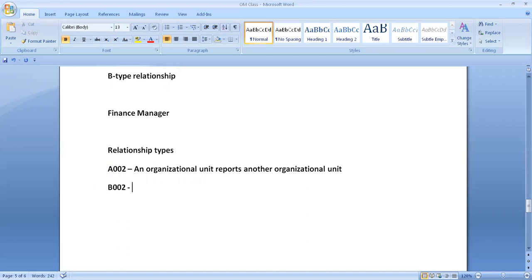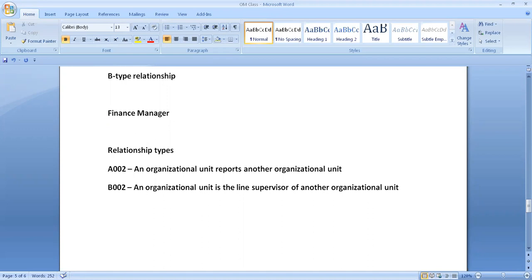So B002, I can say in the reverse way as per my example: an organizational unit is the line supervisor of another organizational unit. That's what we have seen in the example.